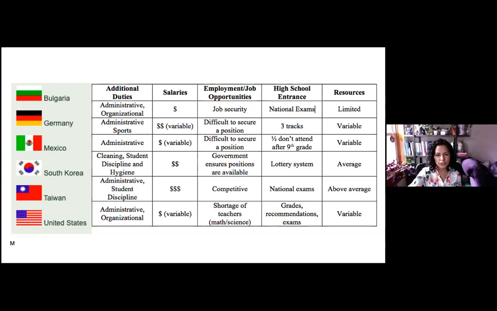The situation is quite different in Germany because we see that securing a job as a mathematics teacher is difficult, and there are fewer vacancies when you compare this to the situation in Bulgaria. The middle school system has a 3-tiered system where students can be placed into 3 different tracks. And this is depending on teacher assessments and students' intellectual abilities.